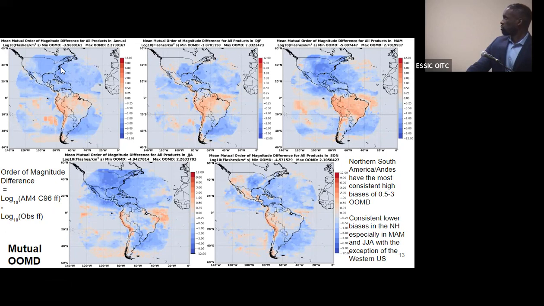In general, you have lower biases over the Northern Hemisphere, but especially in the warm seasons for the Northern Hemisphere. The scale here is from plus or minus 0 to 12, and between 0 and 1, I've subdivided it a little bit: 0.25, 0.5, and then 1.